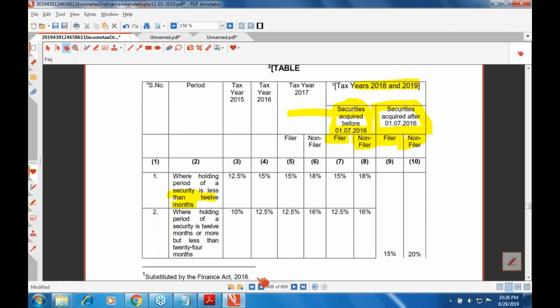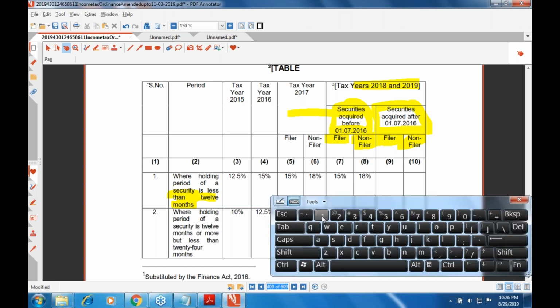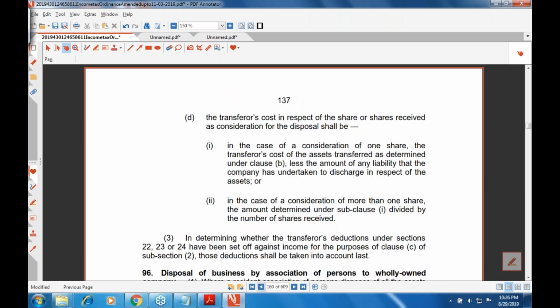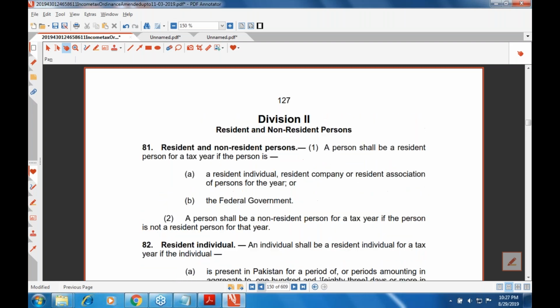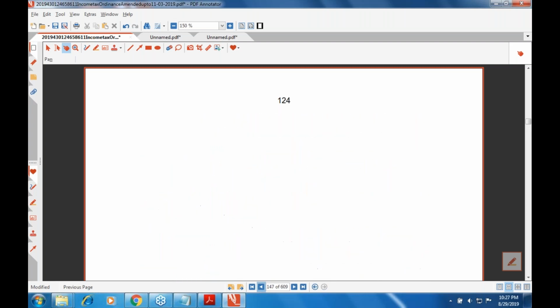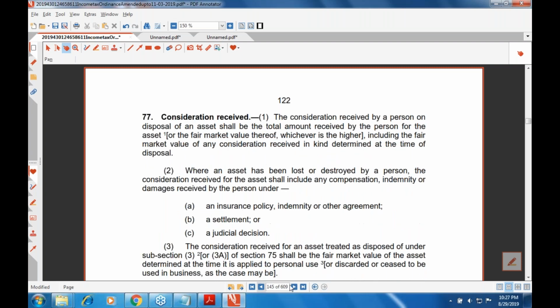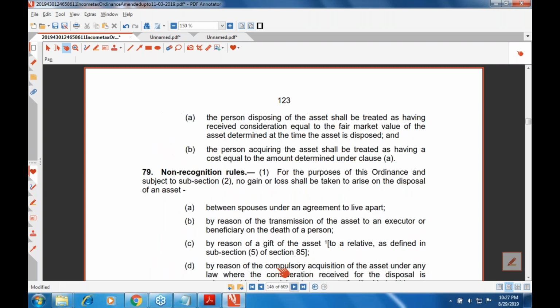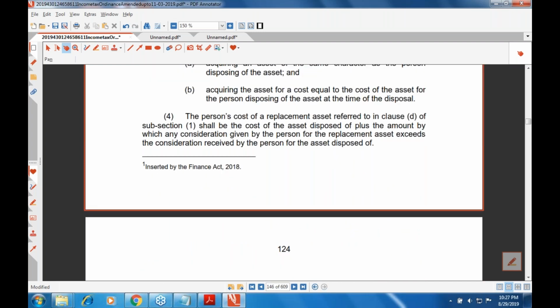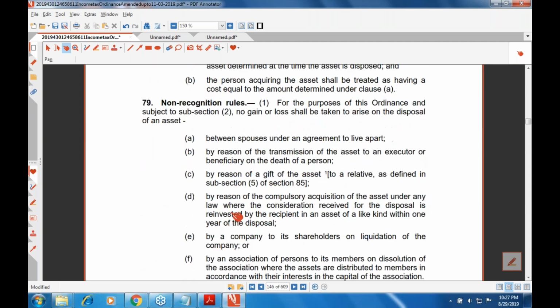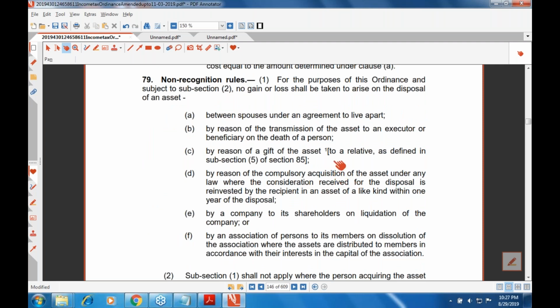There is another concept that I would want to explain to you people, and that is basically the concept of non-recognition rules. Now, what exactly do you mean by non-recognition rule? Try to understand this thing.